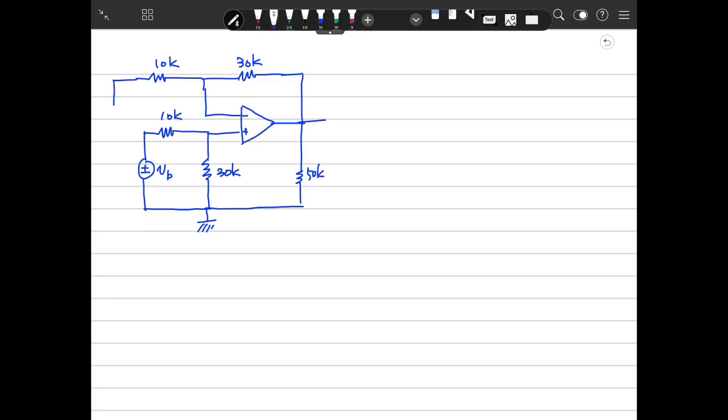And there is another voltage source here, connected to the ground, because this is VA, and this defines the V out. So the problem is to determine the V out in terms of VA and VB.